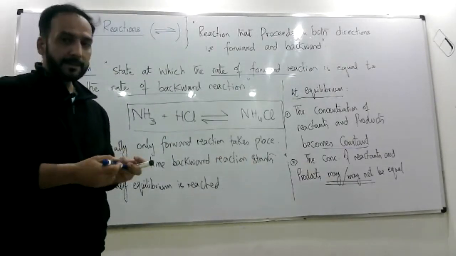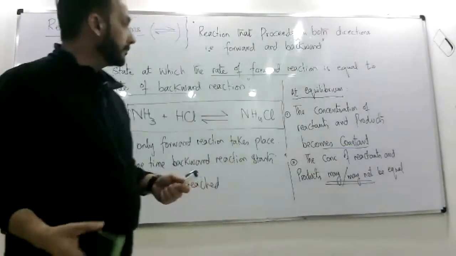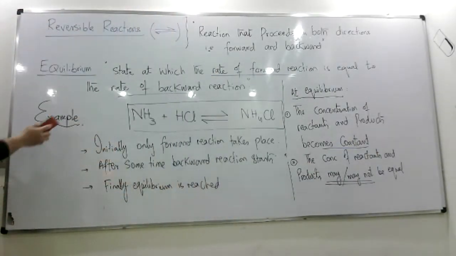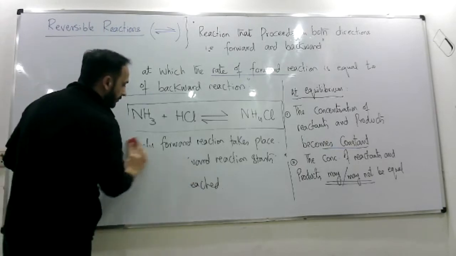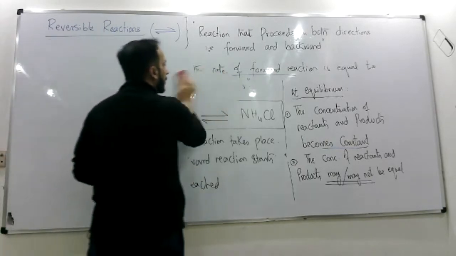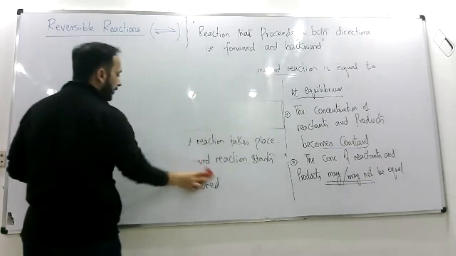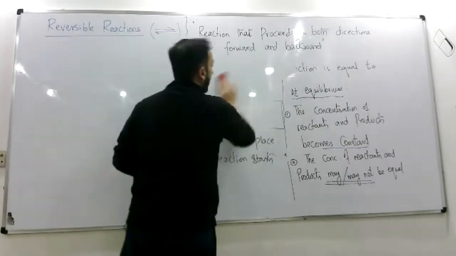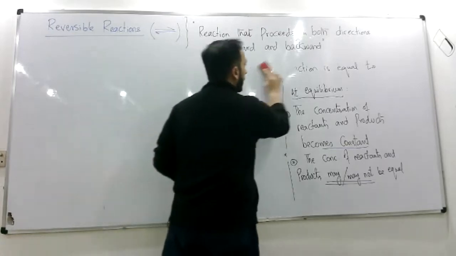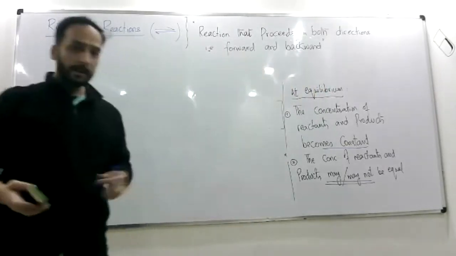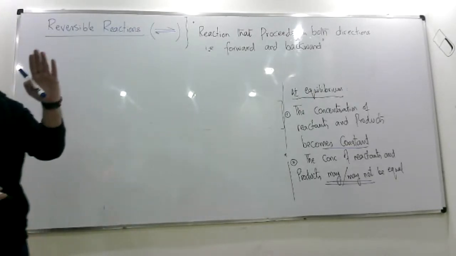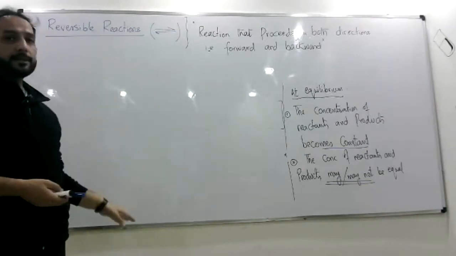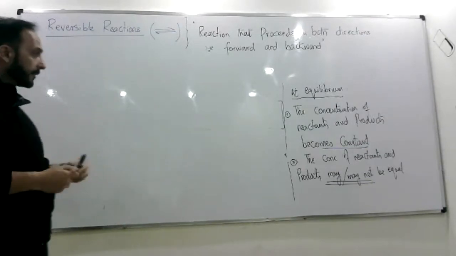To express this with a graph, below this we can make a separate graph of this same reaction. Now, for any reversible reaction, one of these graphs can be correct.